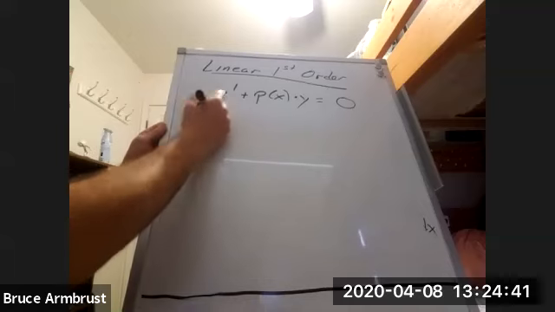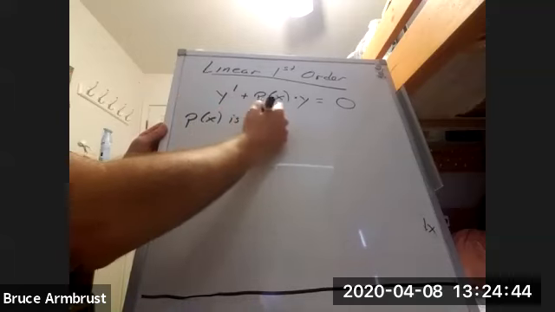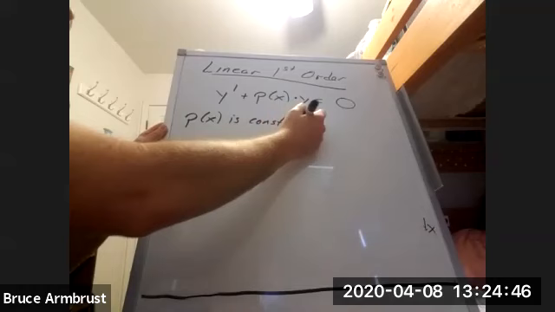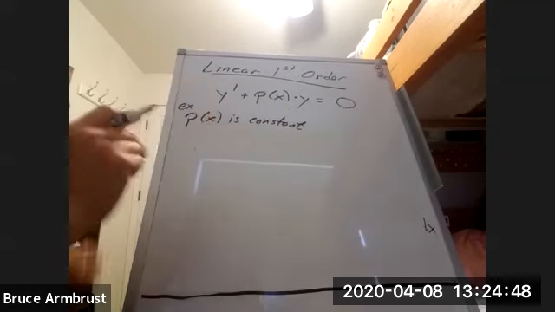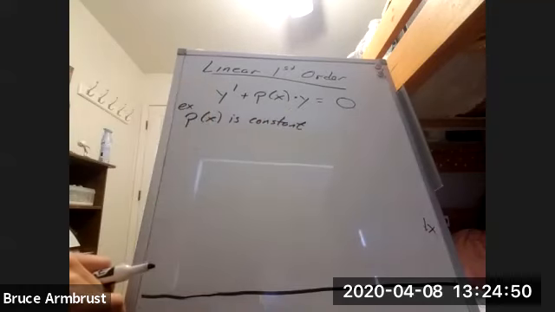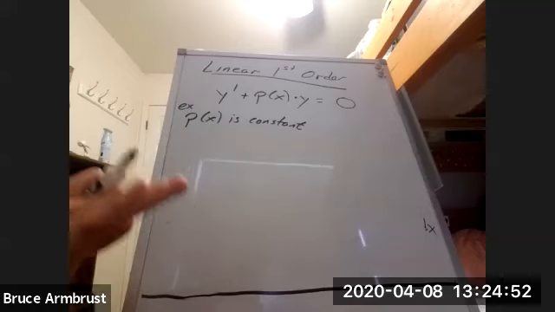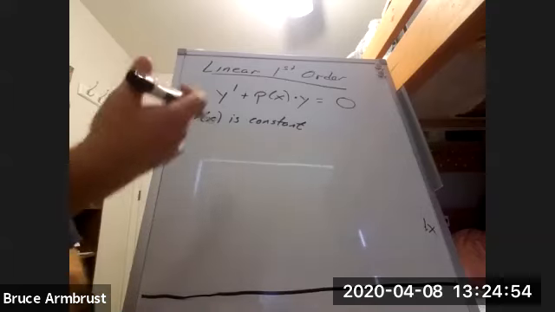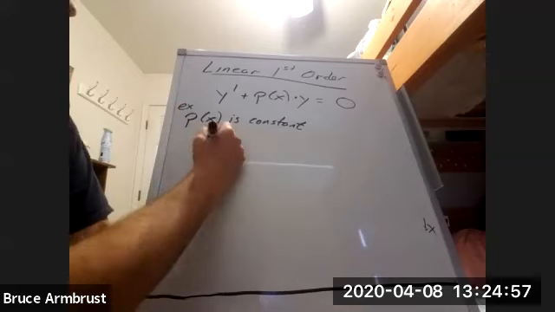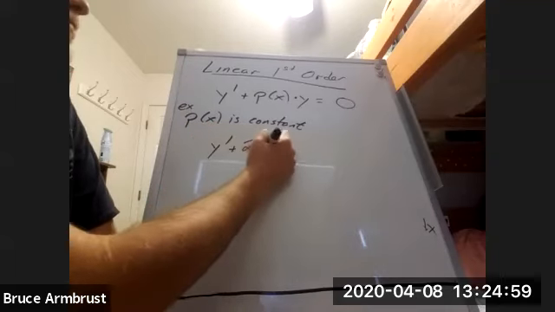Let's say P of x is constant. So let's look at this case first, all right, where P of x is a constant. And we'll do a specific number, just because I know that'll probably make you feel better. Let's say we have y prime plus 2y equals 0.